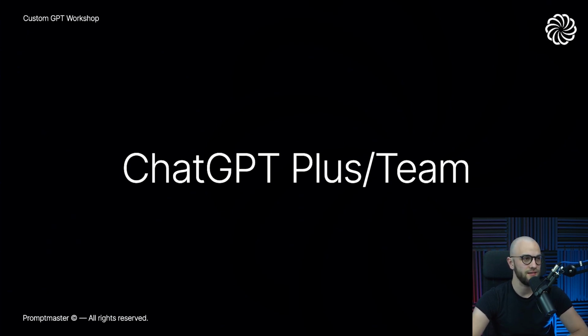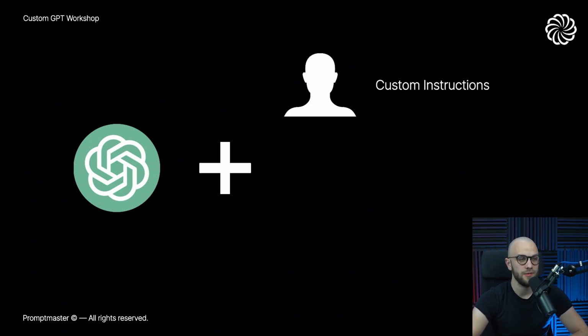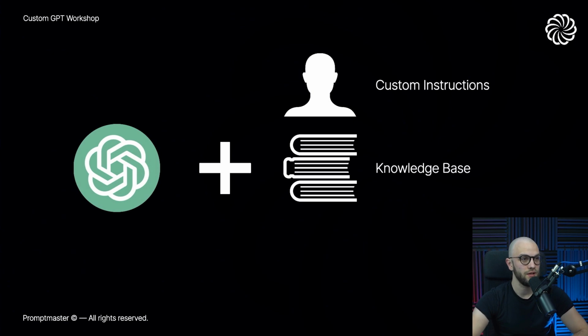So what is a custom GPT? In essence, it is ChatGPT plus your own custom instructions that modify how this GPT should work. There is also a knowledge base you can upload, so the GPT can use your own knowledge when it comes to answering questions for the users.